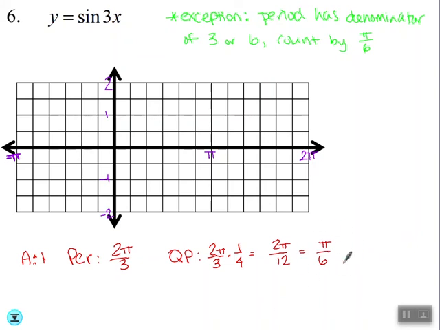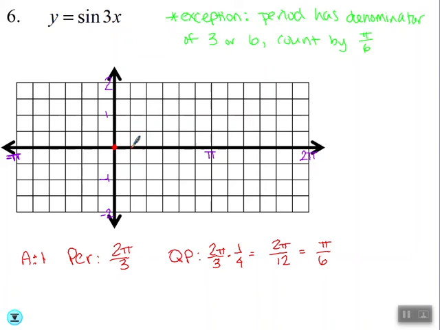Our quarter period is pi over 6, which means that we should have a point every pi over 6, which in this case is at every line. We have a sine function again, so we're going to go 0, high, 0, low, 0. And our amplitude is 1, so we are going up to positive 1 and down to negative 1.